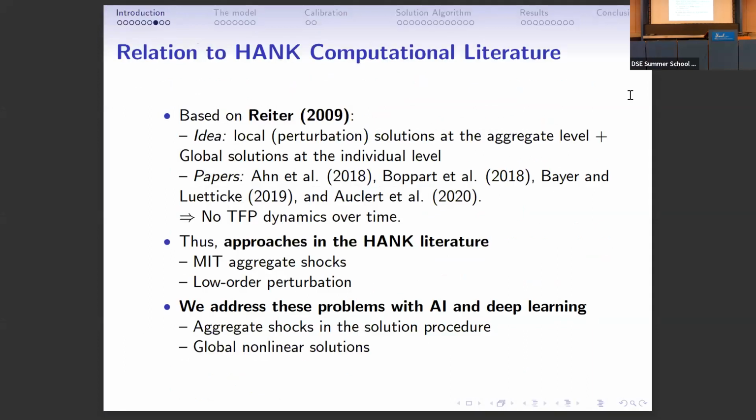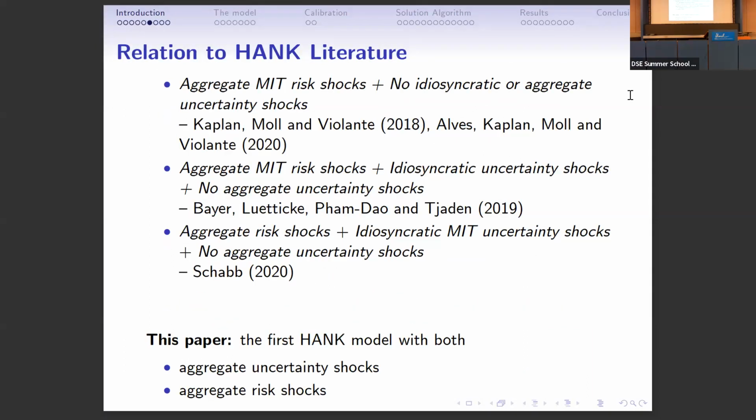So usually there is no idiosyncratic or aggregate uncertainty. If there is some kind of uncertainty, idiosyncratic, for example, in this paper, you still assume aggregate MIT shocks.